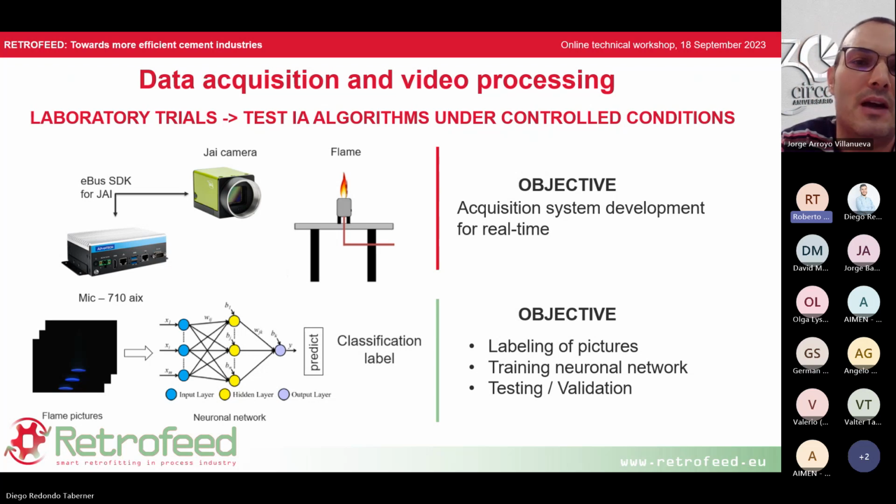So we use a setup to extract images and try to process them in real time. On the other hand, we work with frame pictures and apply some training models, and we wanted to define the process of labeling pictures, test some neural networks, and test and validate. Next slide, please.